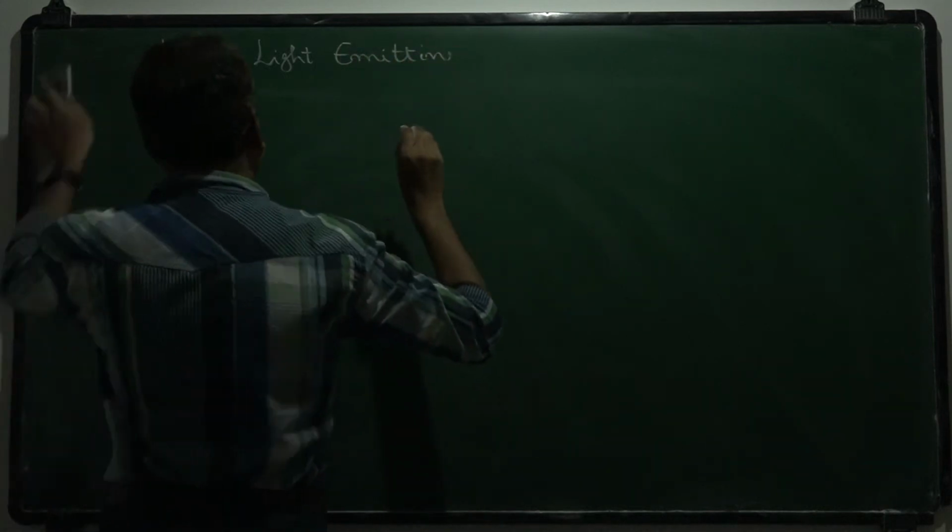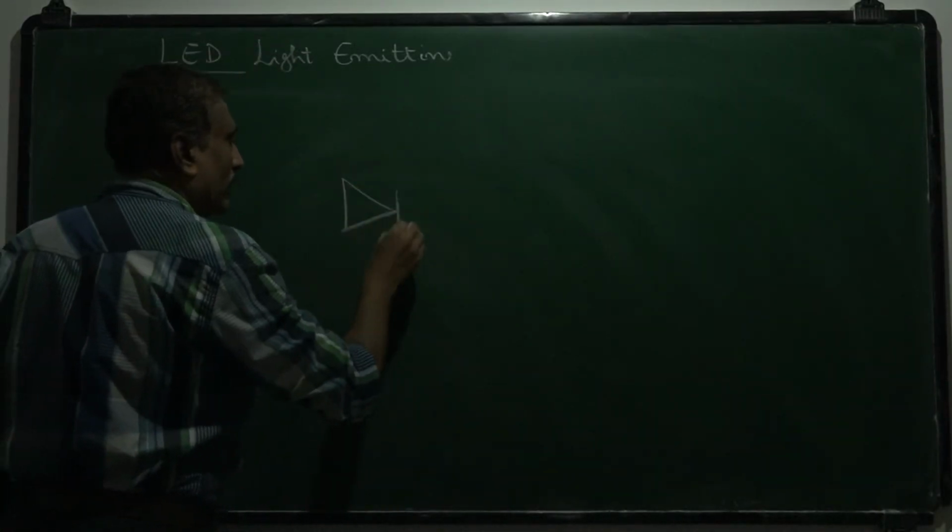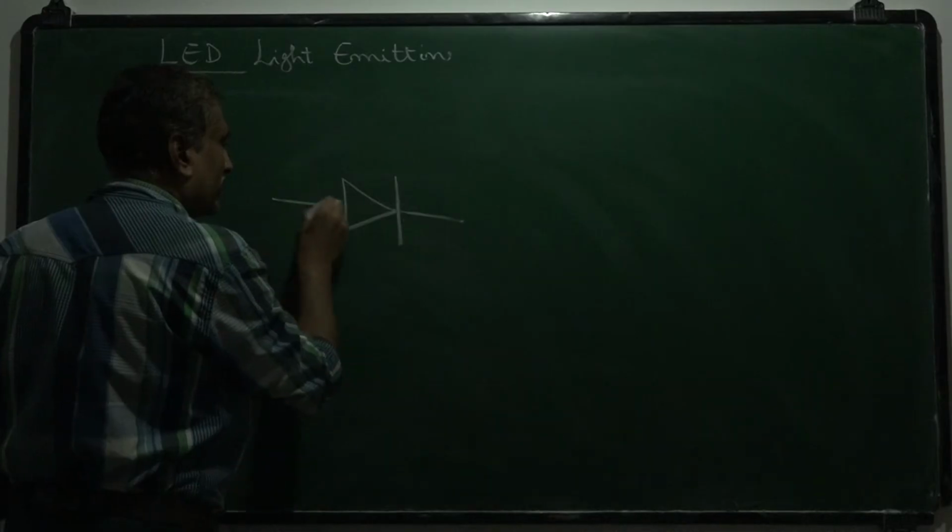The circuit symbol of the photodiode and solar cell is this one.